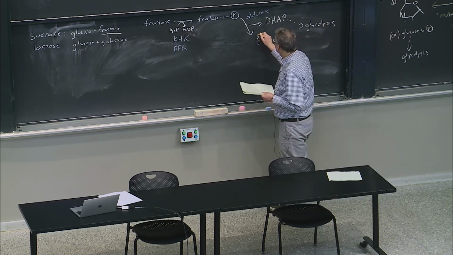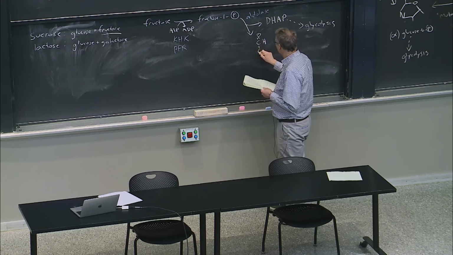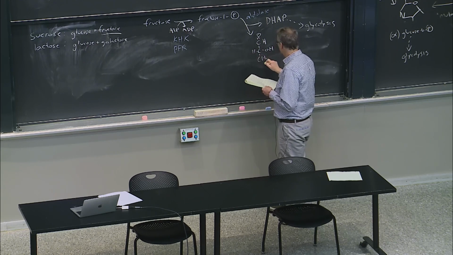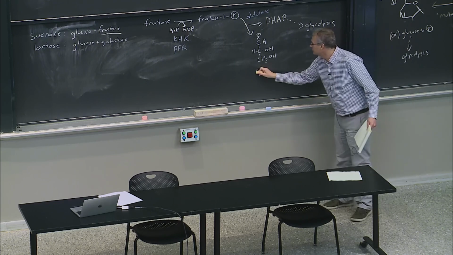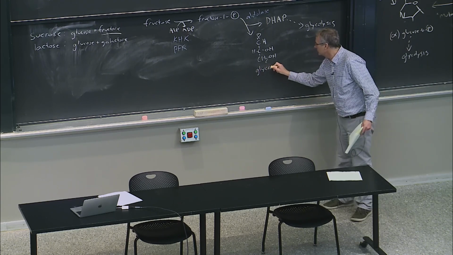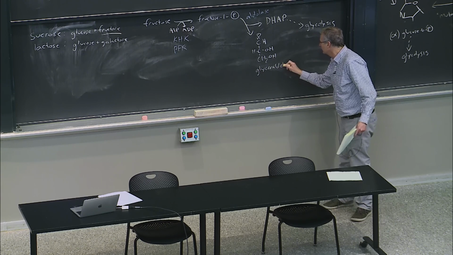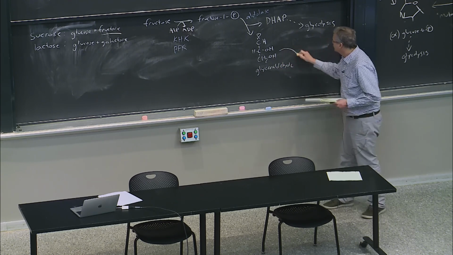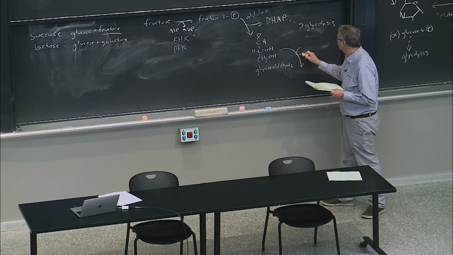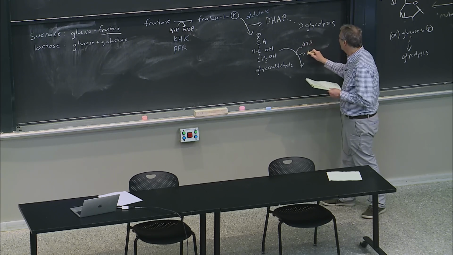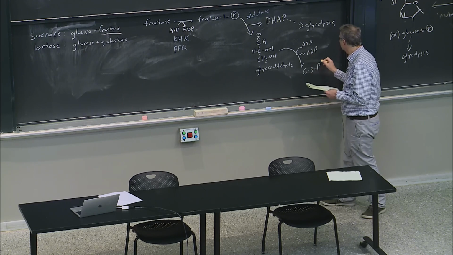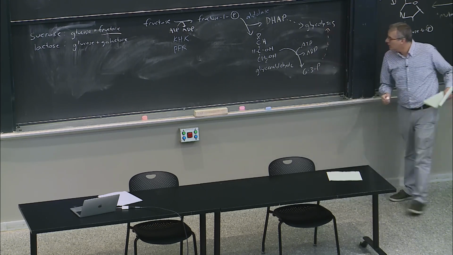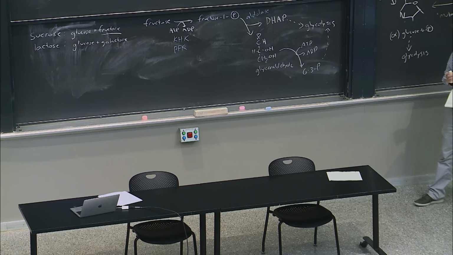The other product of aldolase acting on fructose 1-phosphate is just glyceraldehyde without the phosphate on it. And then there's another enzyme that will phosphorylate glyceraldehyde to generate glyceraldehyde 3-phosphate, which can then also, of course, enter glycolysis.